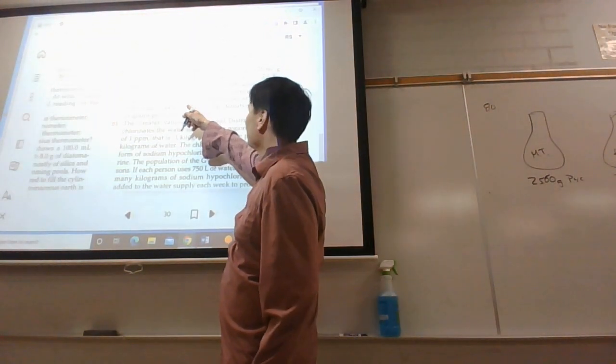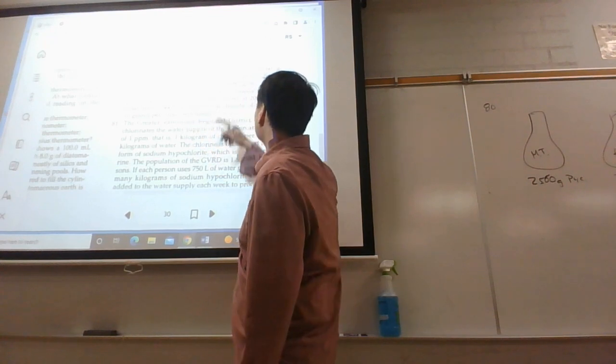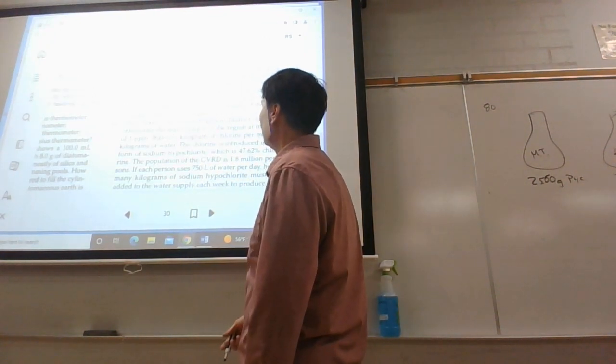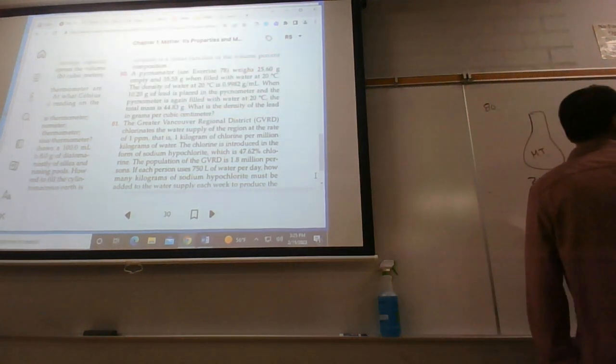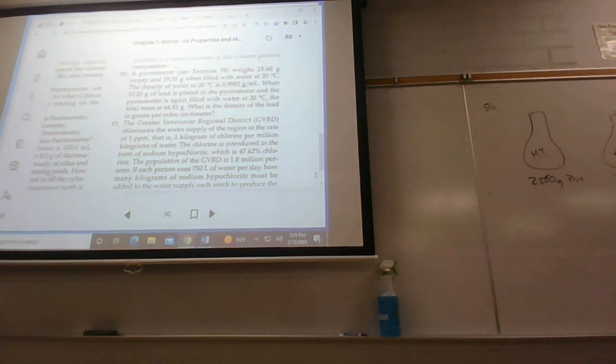When 10.20 grams of lead is placed in the pycnometer, and the pycnometer is again filled with water at 20 degrees C, the total mass is 44.83 grams. So we have 44.83 grams total, and we're going to have lead in here, a solid, and water.